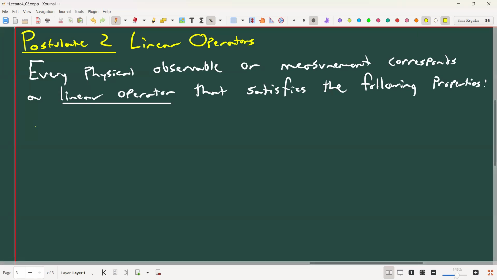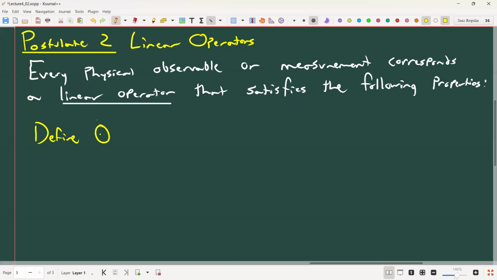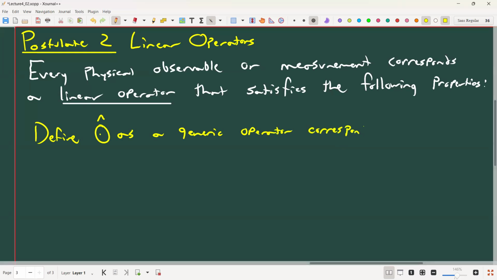So define O with a hat as a generic operator corresponding to a measurement, right? Like color or flavor.